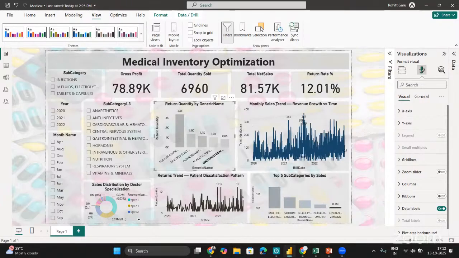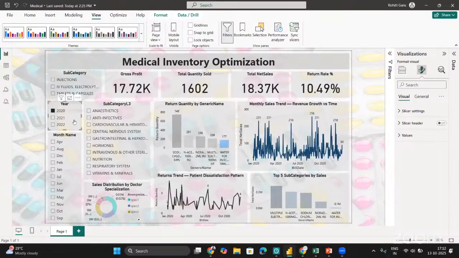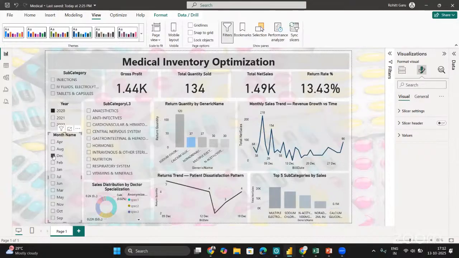And this is the chart for the monthly sales trend, revenue growth versus time. First I have to check for 2020. For the year 2020, I am checking the December month.